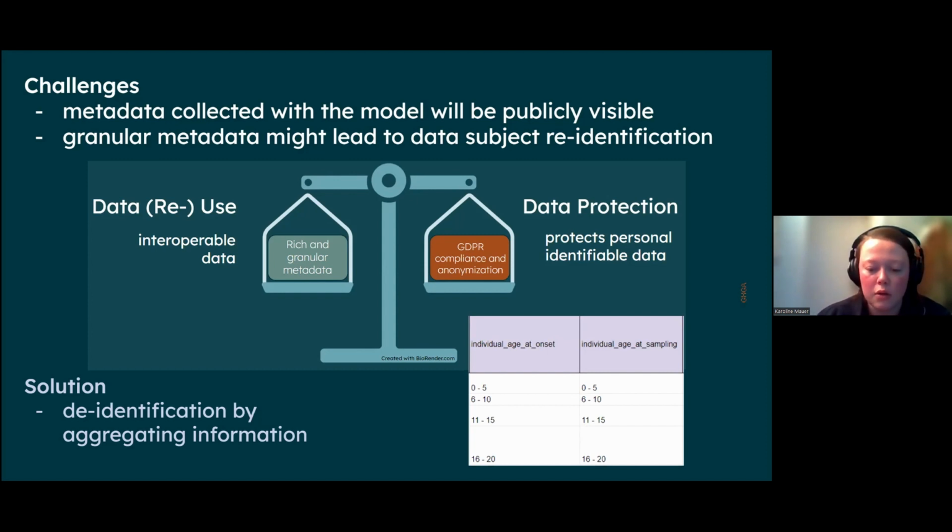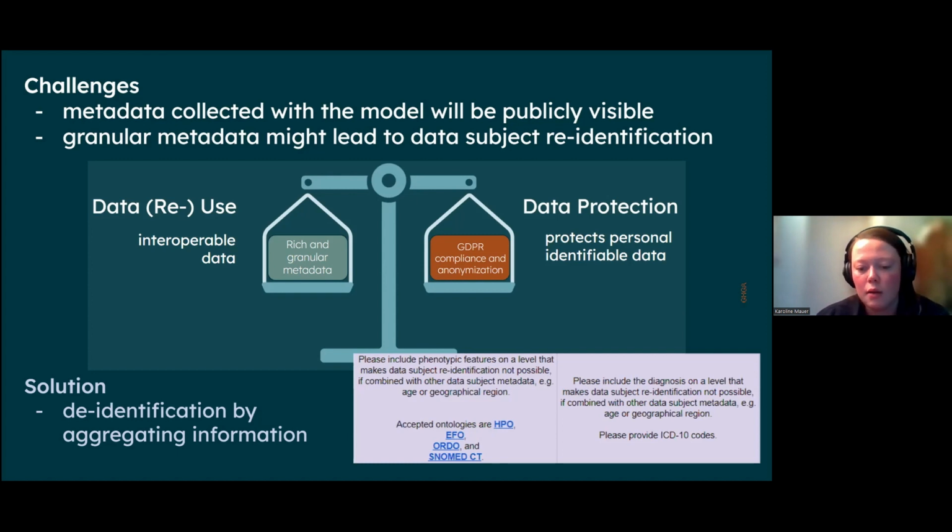And then you will also find this information aggregation at the diagnosis and phenotype properties, where we included a disclaimer that the submitter has to think about whether the term they are going to submit is so rare that in combination with other properties, this may lead to the data subject re-identification.